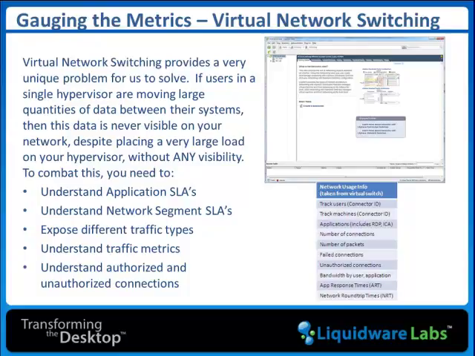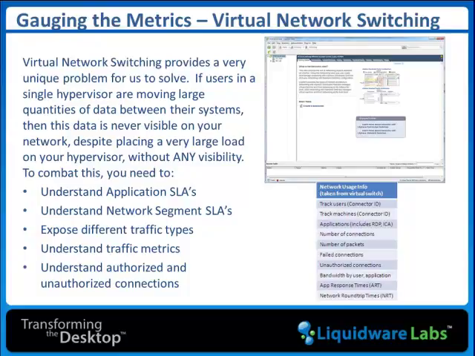Just a couple of examples of this. If I have a couple of users inside a single hypervisor and they're transferring gigs and gigs and gigs of files through either a peer-to-peer network or a mesh network or even a simple file share, and if I have my network engineers go and place a sniffer on the physical switch that connects to that hypervisor, the network engineer is really not going to find anything because the majority of that information is never leaving the server.